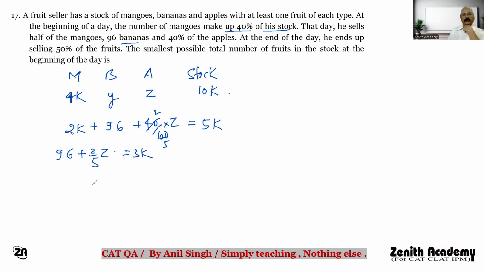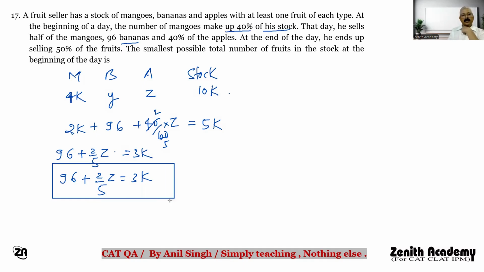And now, this 96 plus 2 by 5 Z is equal to 3K. So here, the left hand side is 96 plus 2 by 5 Z, equal to 3K. The right hand side is 3K.